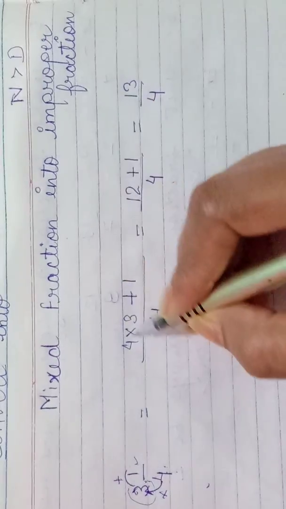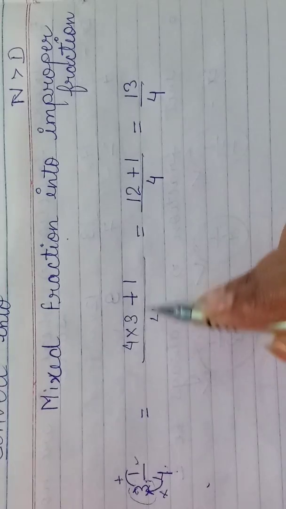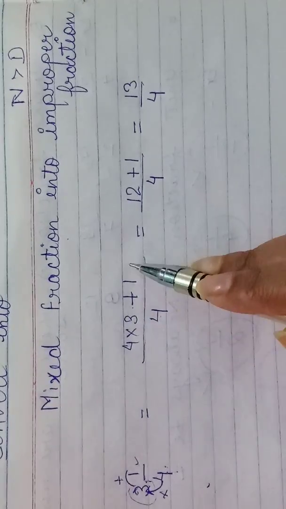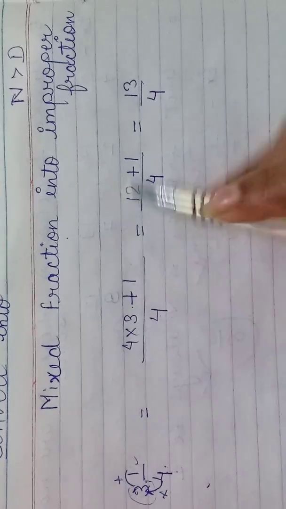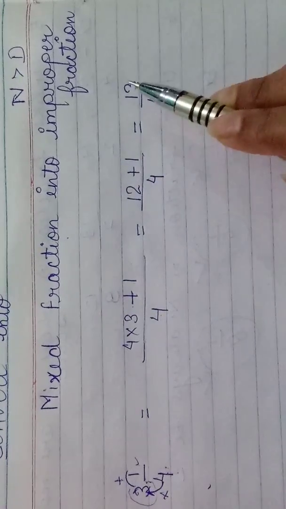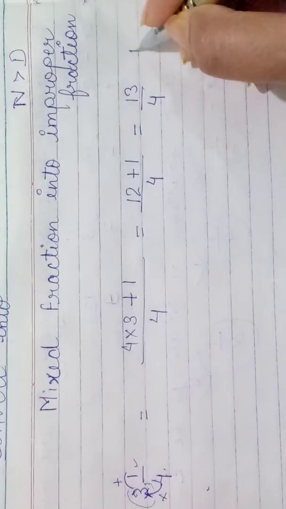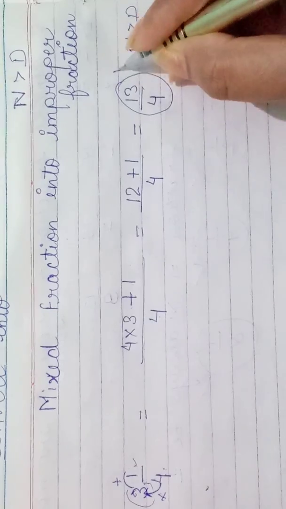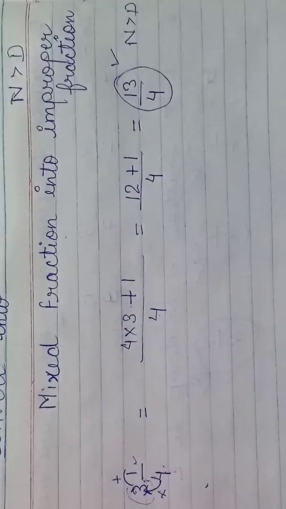Means 4, we write 4 as it is, 4 into 3 plus 1. So what will we get? 12 plus 1 by 4, we will get 13 by 4. Here the numerator is greater than the denominator. It is an example of improper fraction.